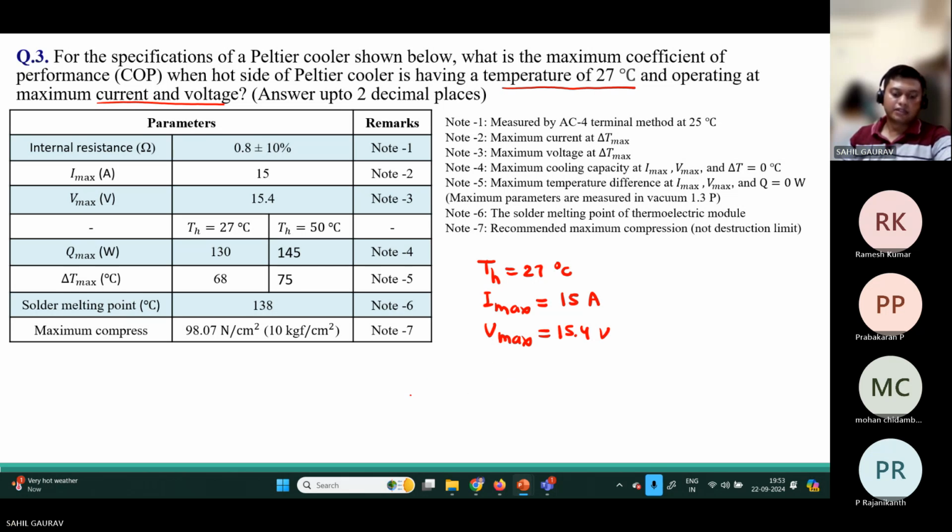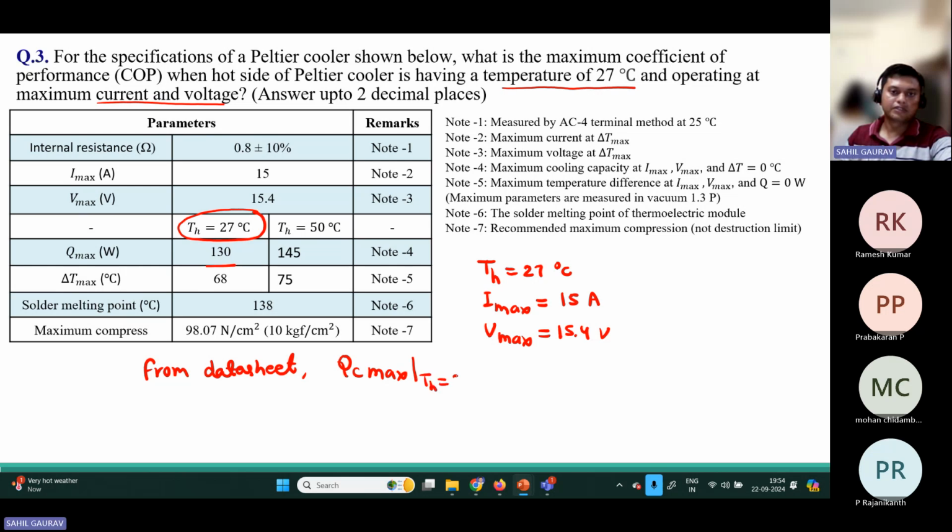So what is QC max from the data sheet? From the data sheet, QC max for TH 27 degrees Celsius is given as 130 watt. This is the heat energy extracted from the body.